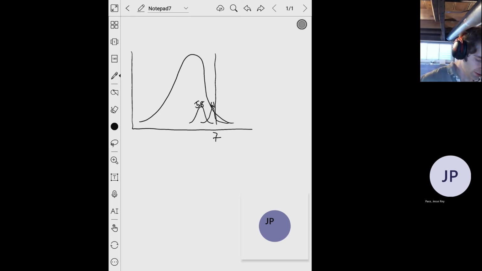And the pros and cons of whether you want to reduce the amount of false positives, and probably increase the rate of false negatives, or vice versa, has to do with the implications of the exam.